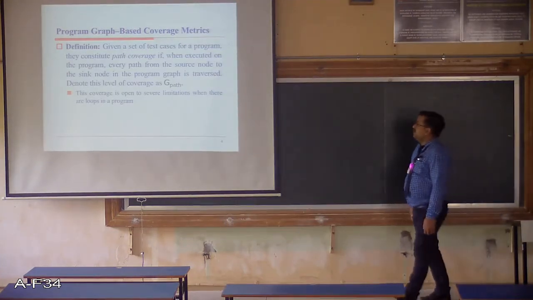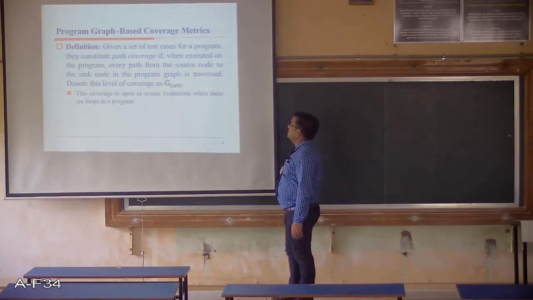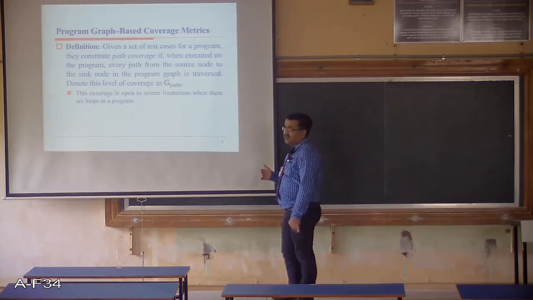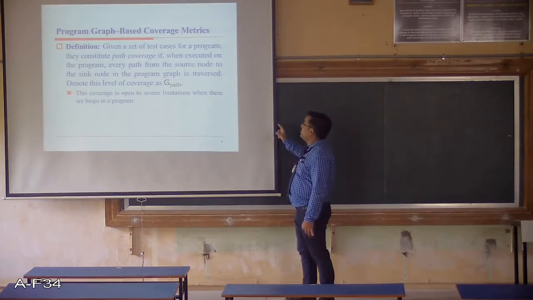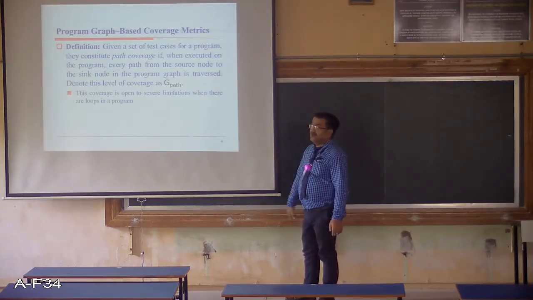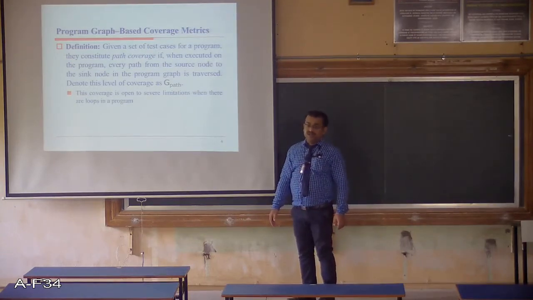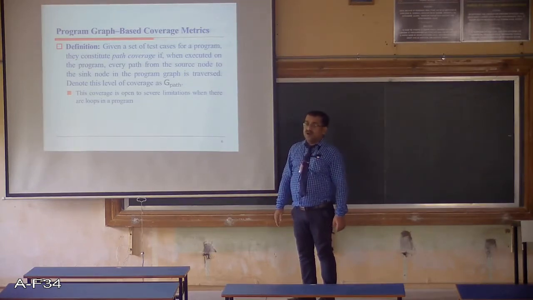Next definition is the path. The test cases are designed in such a way that all the paths from the source node to the sink node are traversed. The source node is the first node, and the sink node is the last node. So whichever paths are available in the program flow graph from the source to the sink node are all traversed.